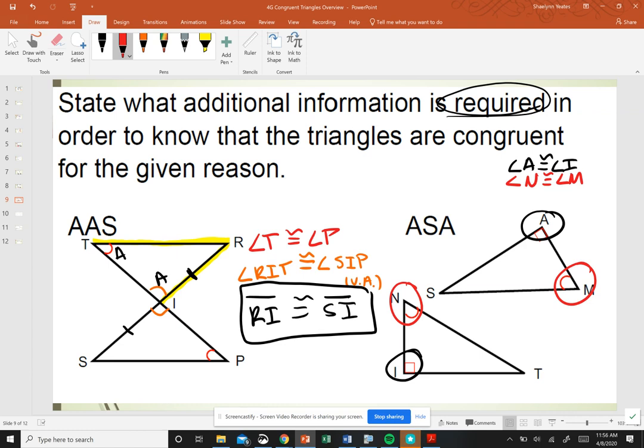Now I need the side in between them. It should be this side right here. Do you see how that's in between the two? Perfect. If not, you're going to need to practice this a little more. So NI is congruent to MA.